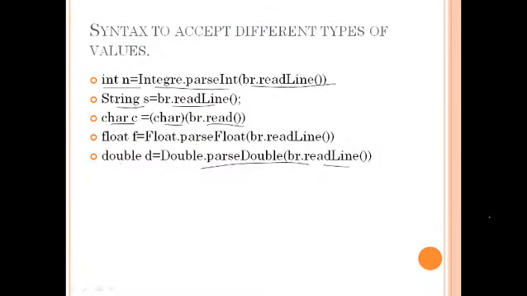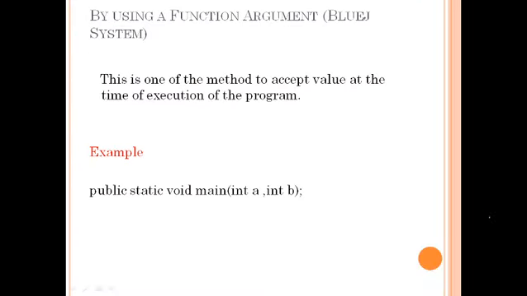Okay, now the next topic, the third one, is using function arguments, which is especially used in the BlueJ system. This is one method to accept values at the time of execution of the program.